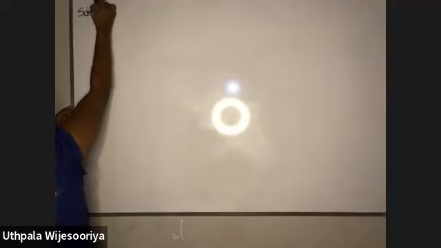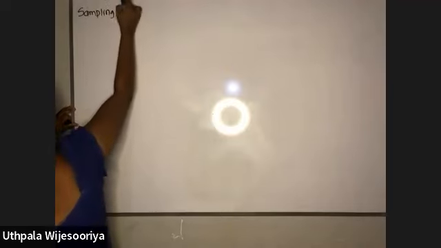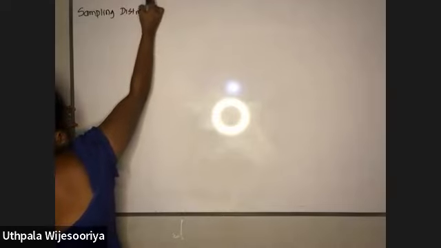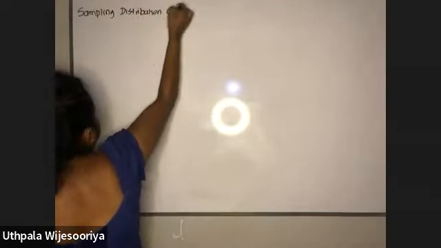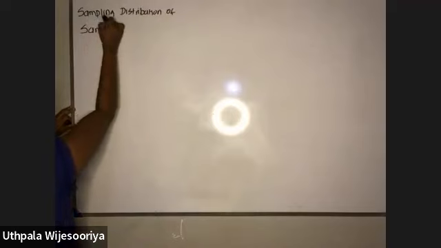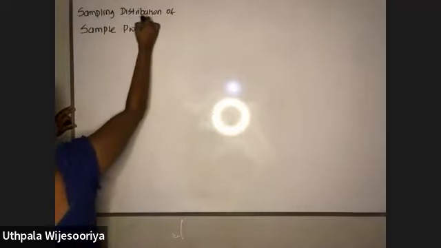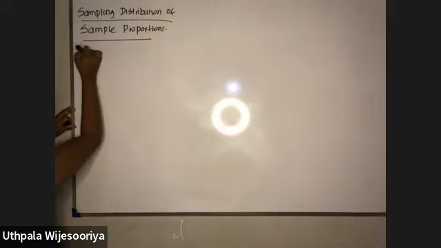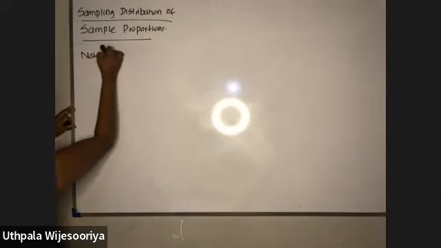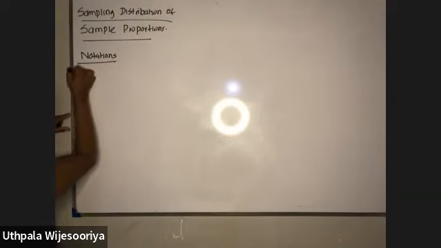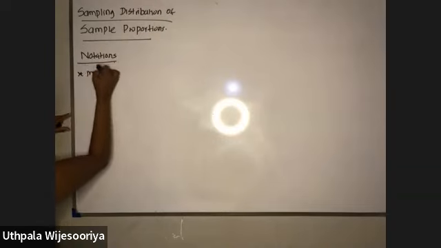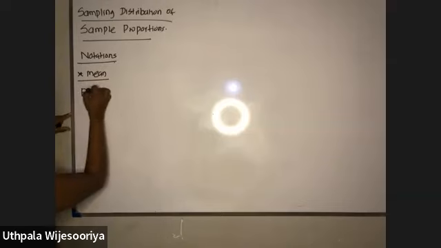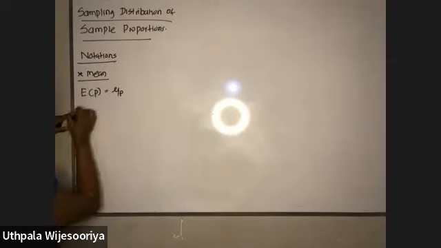Sampling distribution of sample proportions. The notations are: the mean, the expected value of sample proportions, we denote as mu p.